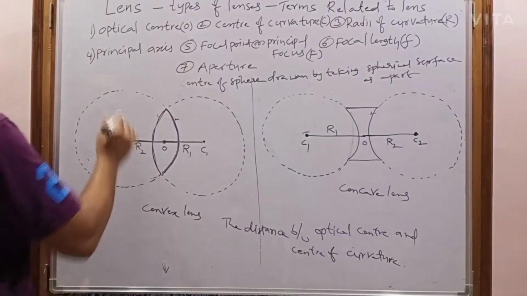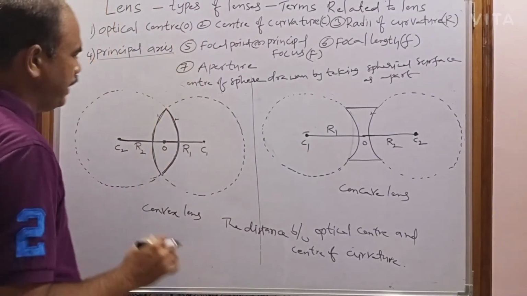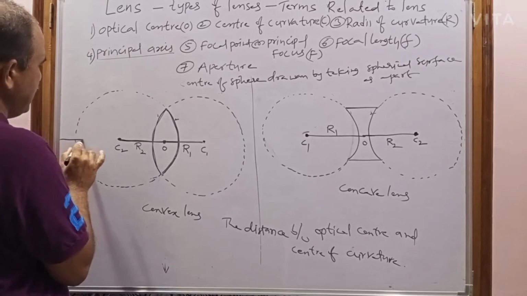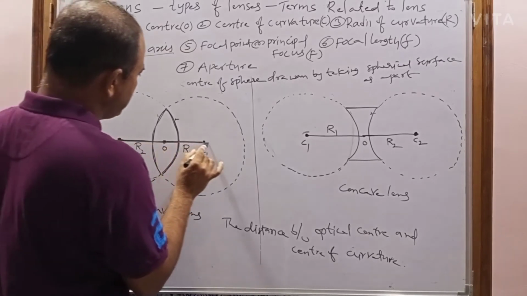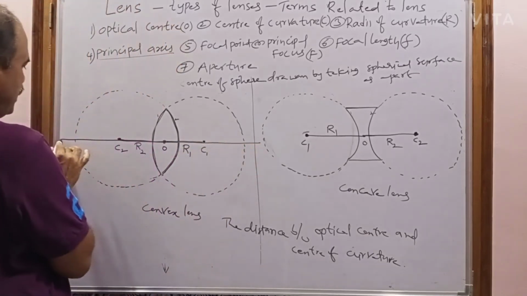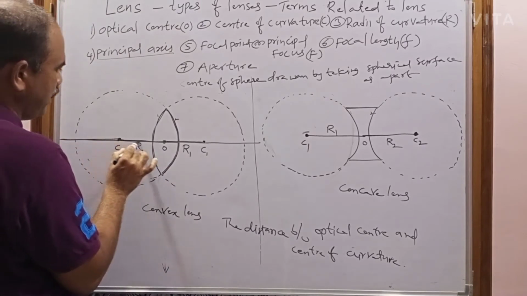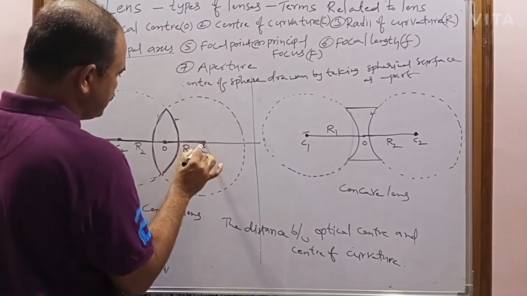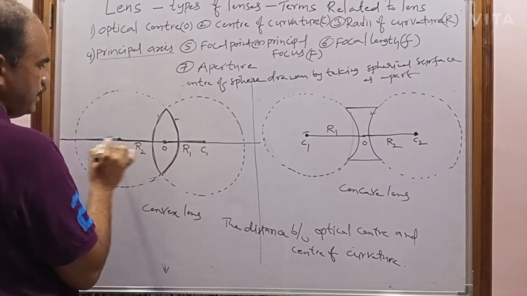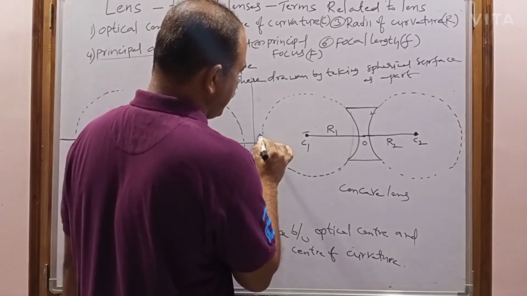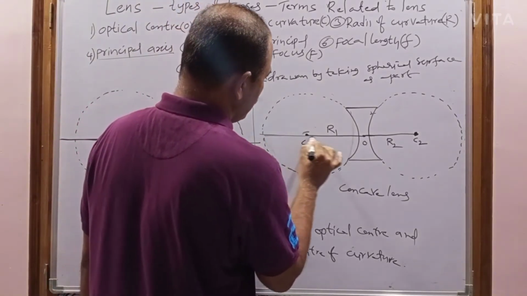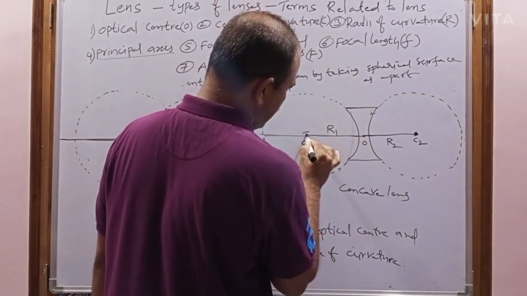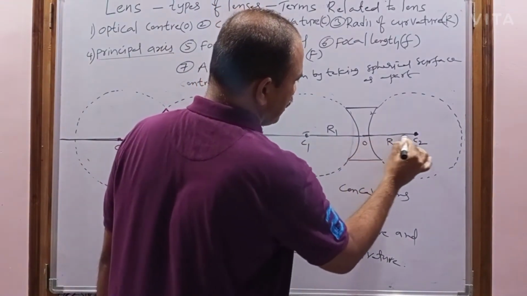Now coming to the principal axis. The principal axis is the imaginary line passing through the two centers of curvature of the lens. So this is an imaginary line passing through C1, the optic center and C2. And here too is an imaginary line passing through the two centers of curvature and the optic center.